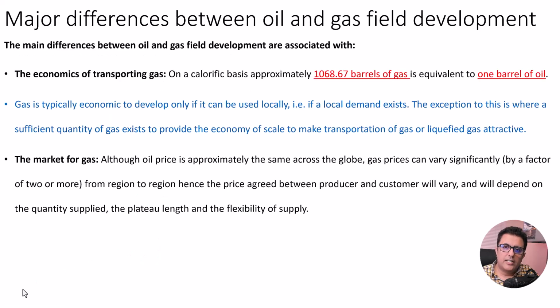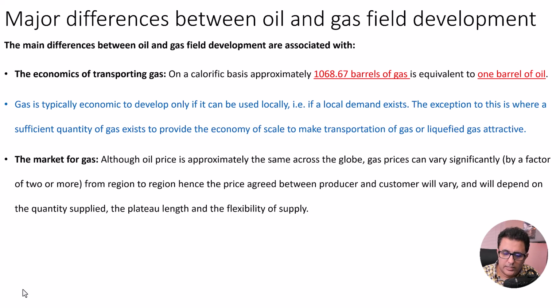Another question that you may have thought of is why gas is much cheaper than oil. Definitely one reason is the transportation. Gas transportation is much more difficult than oil. Another may be the storage. Gas storage is more difficult than oil. But the main reason is the calorific value.